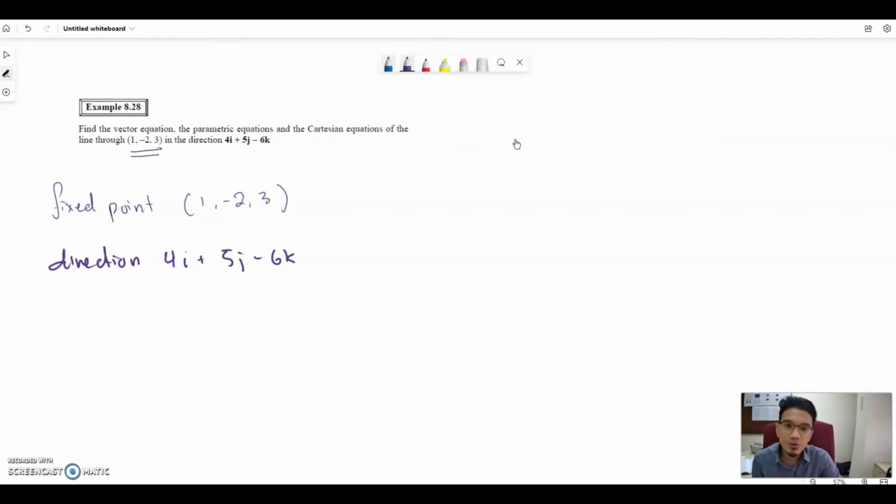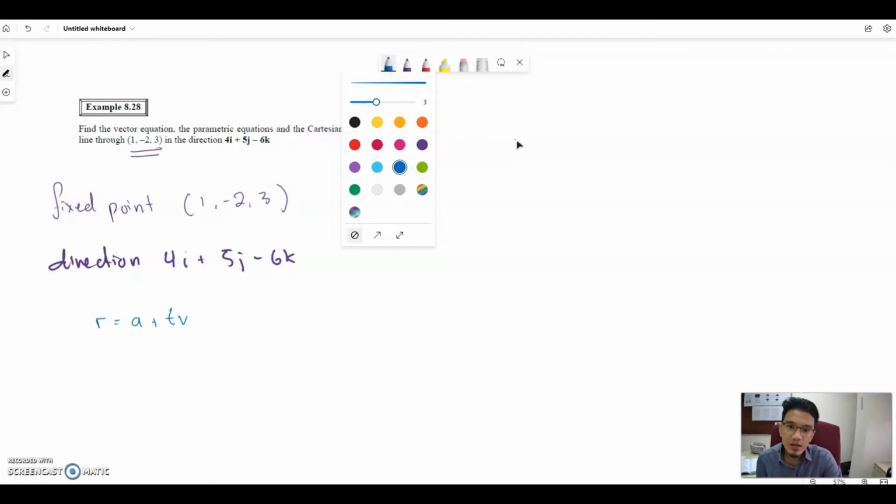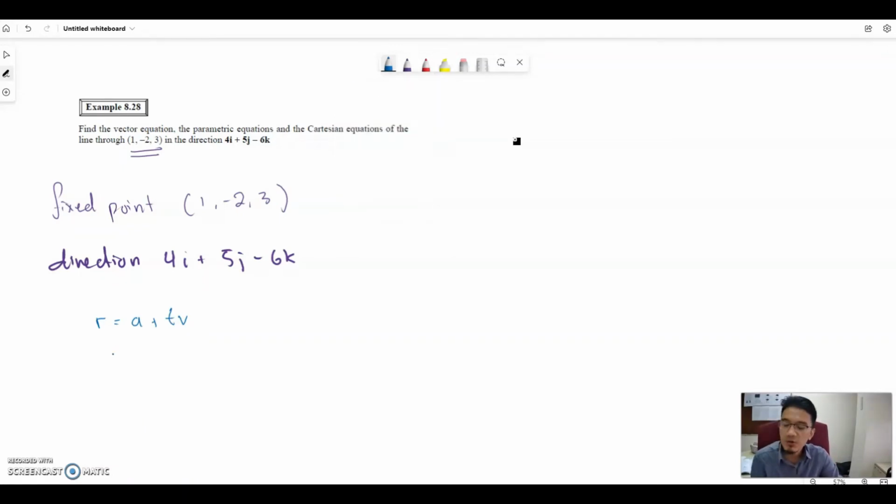To find the vector equation, we must start with the equation r equals a plus tv. We have to identify which one is r, which one is a, and which one is v.